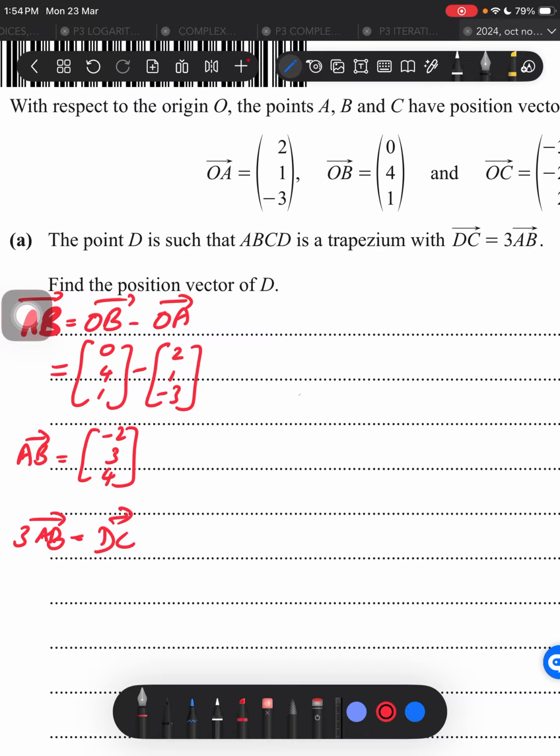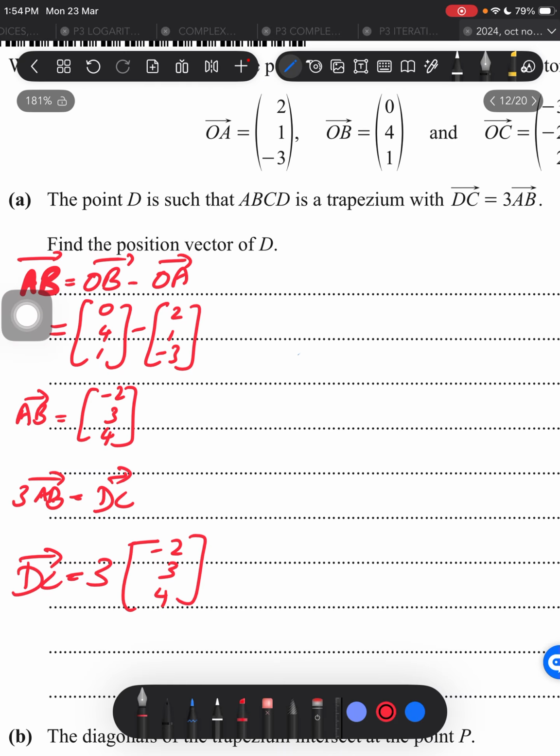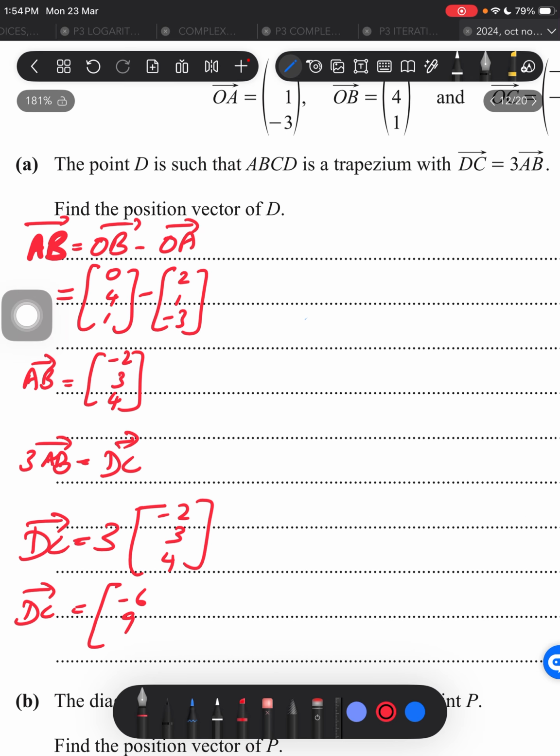So let's find DC. 3 times AB, DC would be minus 6, 9 and 12. So that would be DC, that means 3 times this.